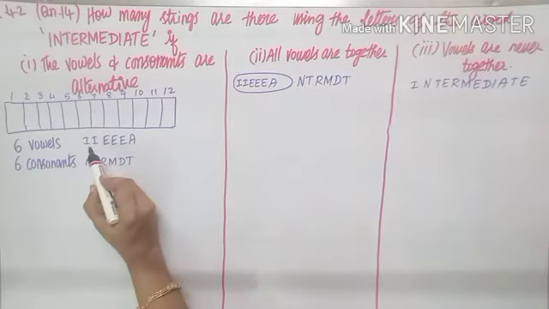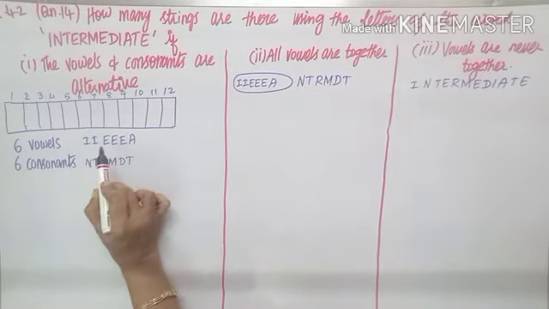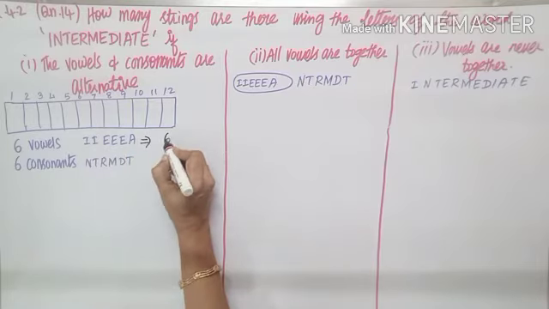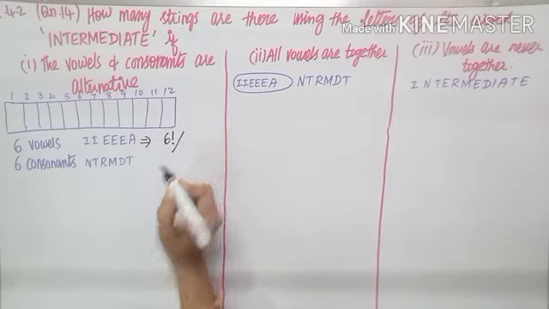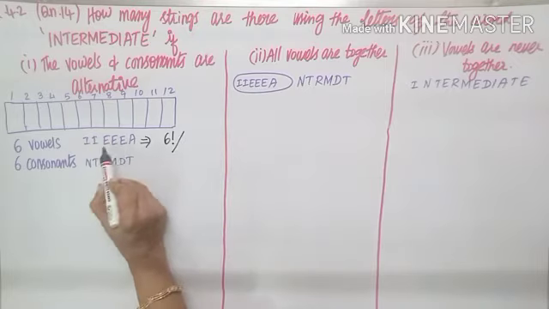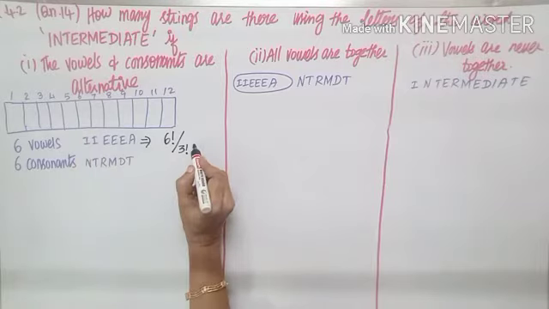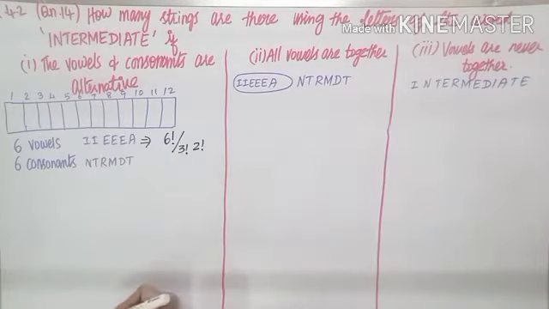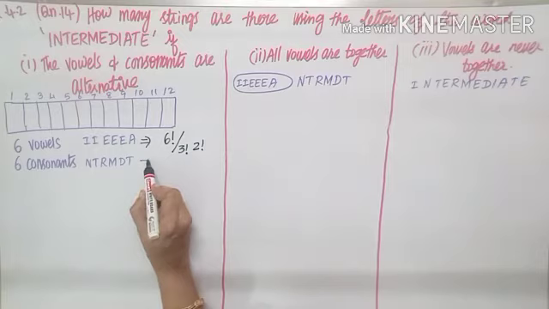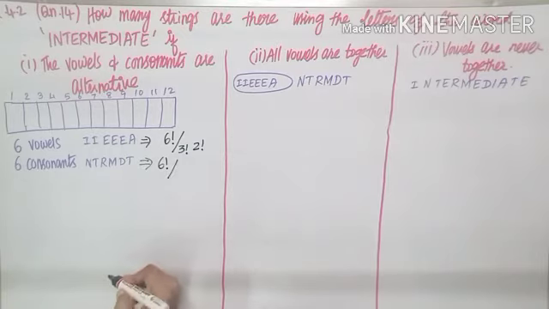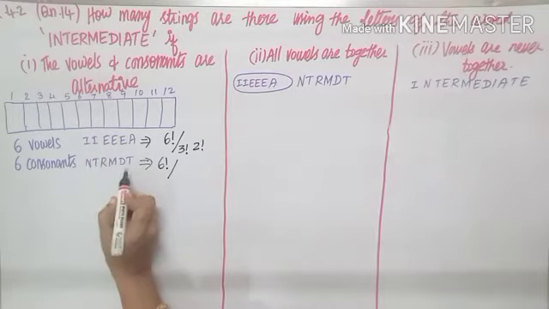So let us check how the 6 vowels will be arranged. This implies 6 factorial divided by 3 factorial, as 3 E's are repeated, and 2 factorial, as 2 I's are repeated. The 6 consonants also: 6 factorial divided by 2 factorial, as there are 2 T's repeated.